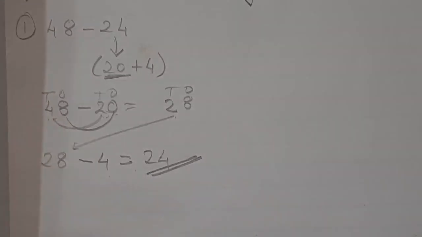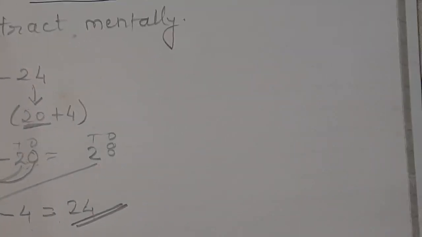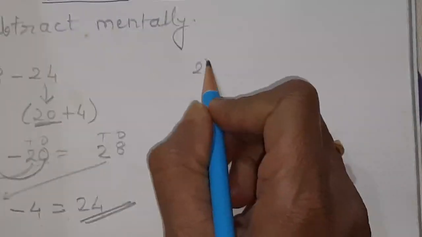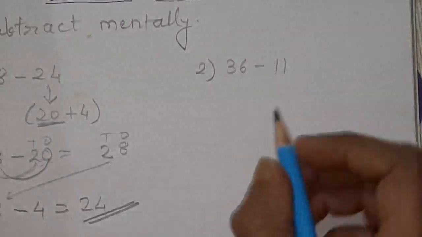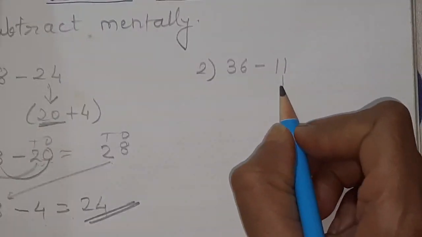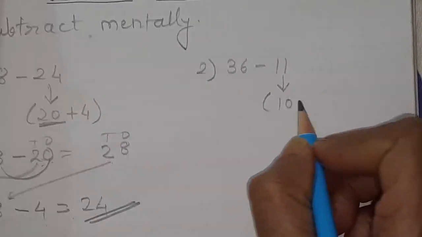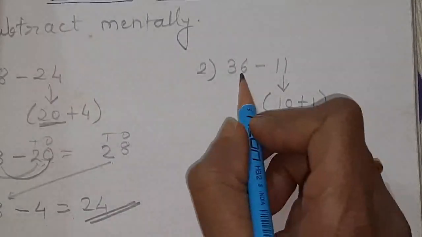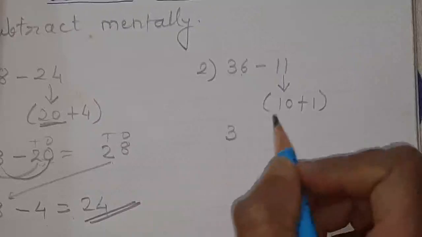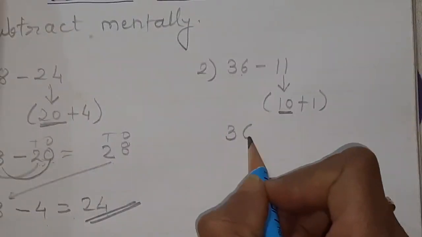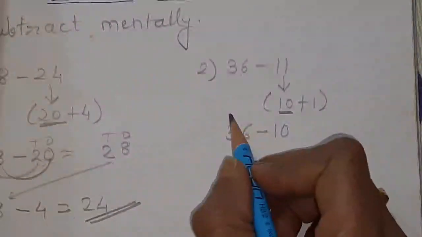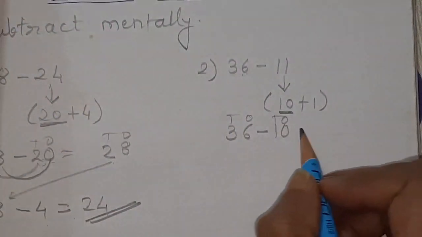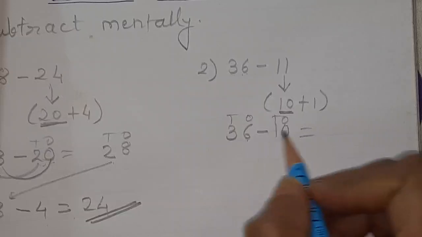This is our answer. Let's see one more sum. Number 2, 36 minus 11. So here we are splitting this number 10 plus 1. Now what we are doing? Subtracting first number, that is 10, from this 36. Again see, tens, ones number is 6 and here 0.